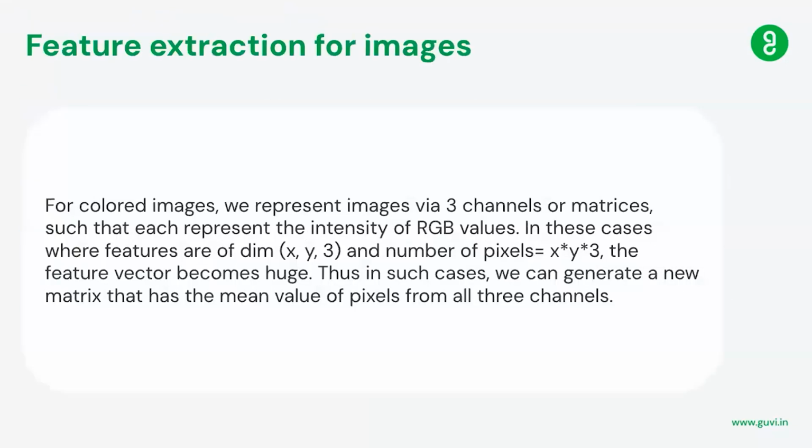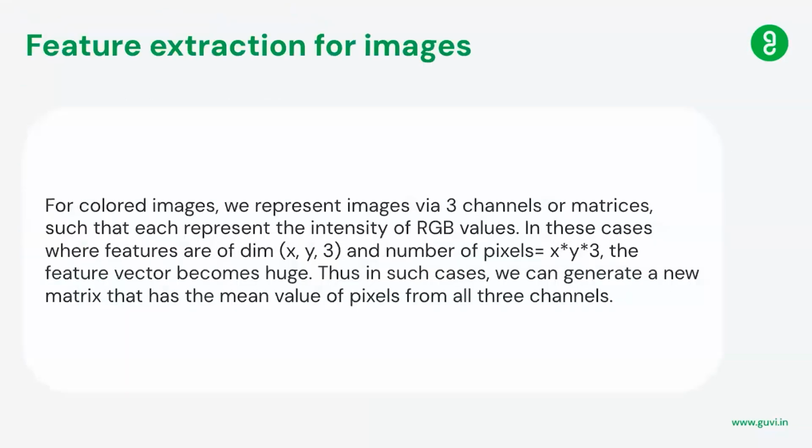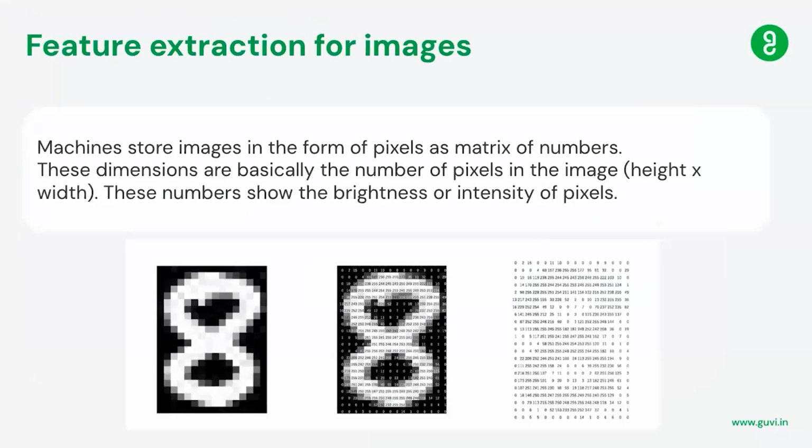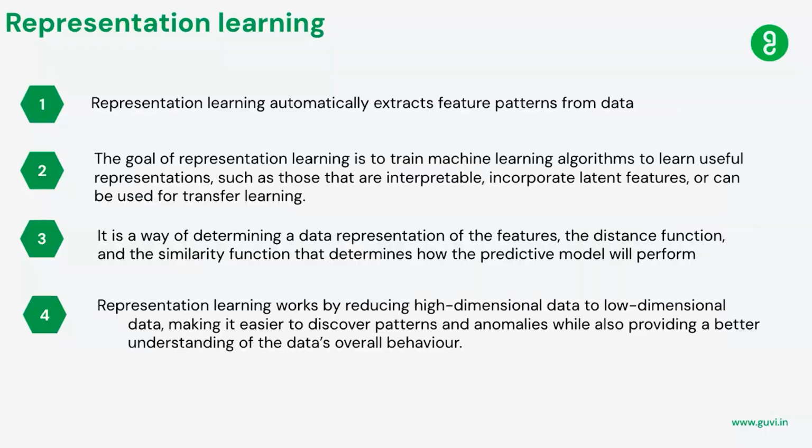Okay, let's move ahead. We earlier saw how we can extract features for images on both colored and grayscale scenarios. Now let's talk about something called representation learning, right? One simple way is to actually convert these images into pixel intensities and get the numeric representations. But after getting those representations, we need to process that data to get insights out of it.